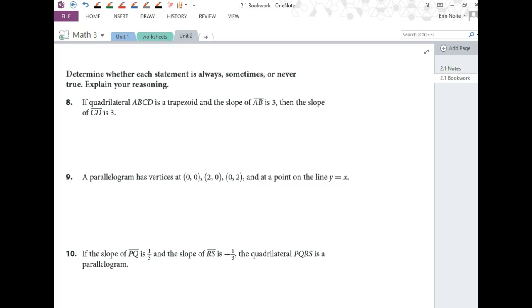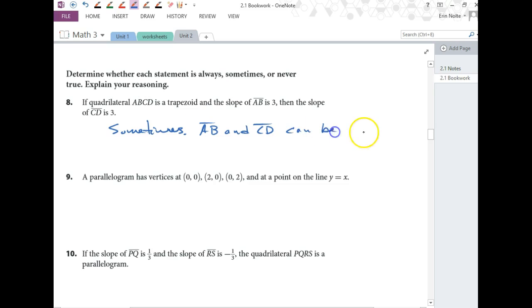Perfect. Okay, so if it is a trapezoid, it is not for certain that A and B have to be the parallel sides. They could be, so it's sometimes true, but it's possible that the other two sides could be parallel. So we would say sometimes: AB and CD can be parallel, but, so what would the other two sides be?